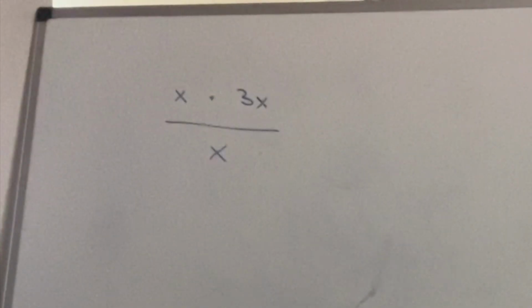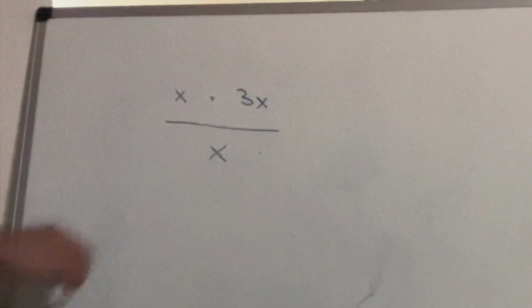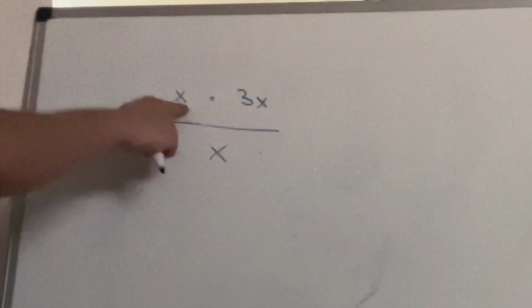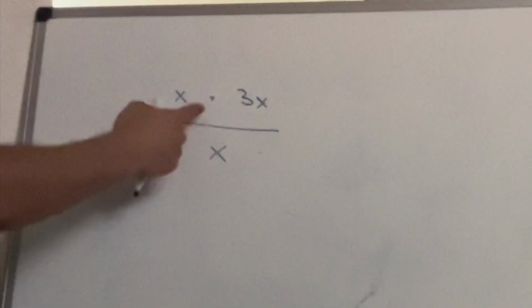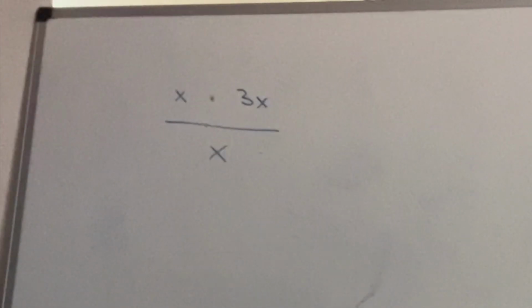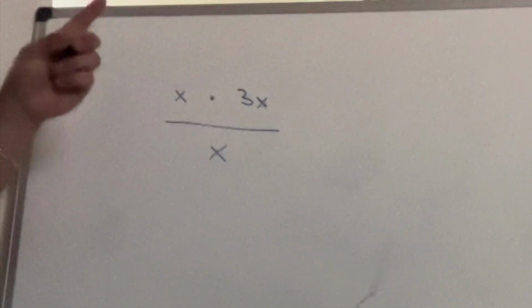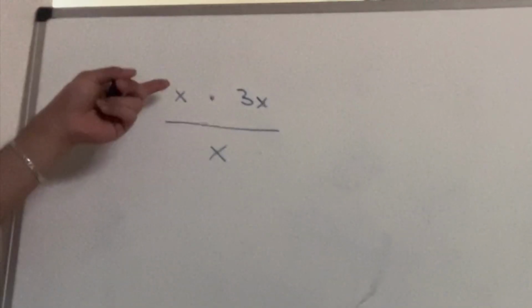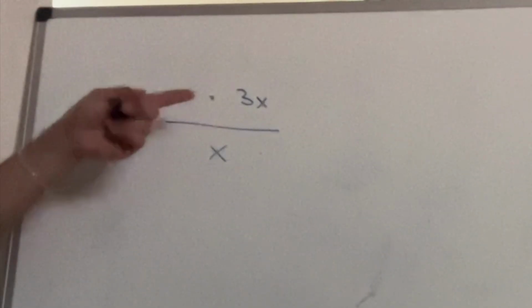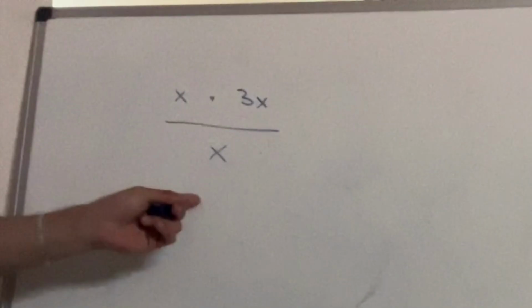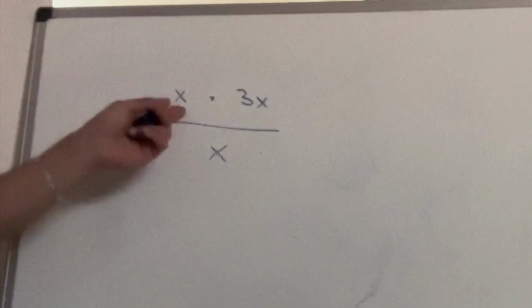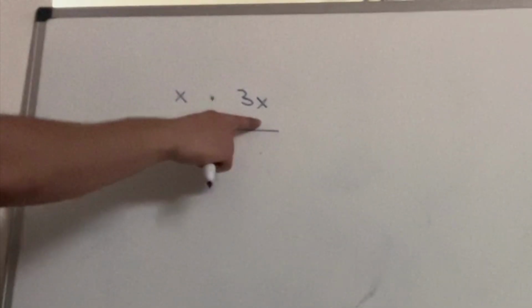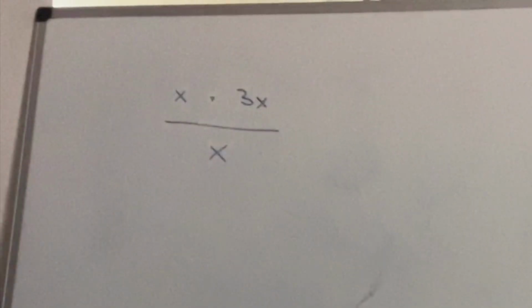Technically, I could add these two together and get 4x in the top, but let's just focus on this for a second. So I have an x here, I have an x here, and I have an x here, right? Every single term on top is being multiplied by x. That means I could factor out an x.